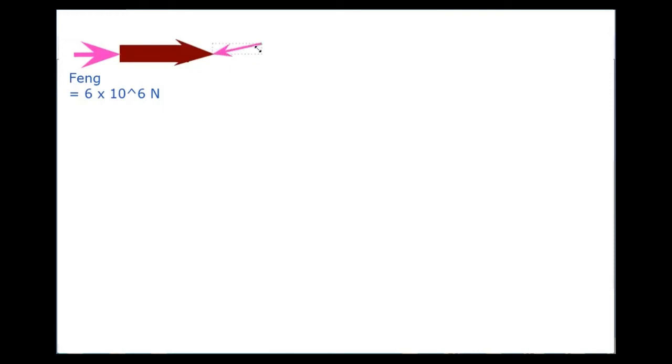It is 7.2 into 10 to the power 5. So the force given by air against the motion is 7.2 into 10 to the power 5. Am I right there?